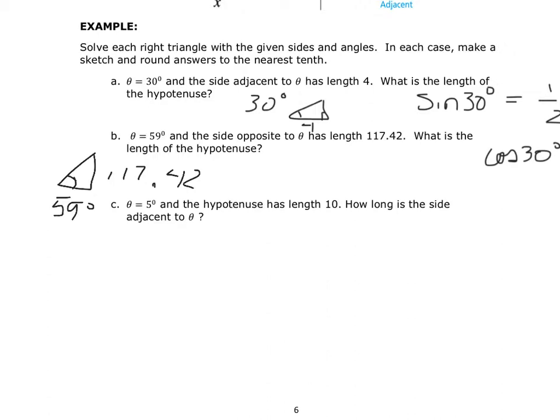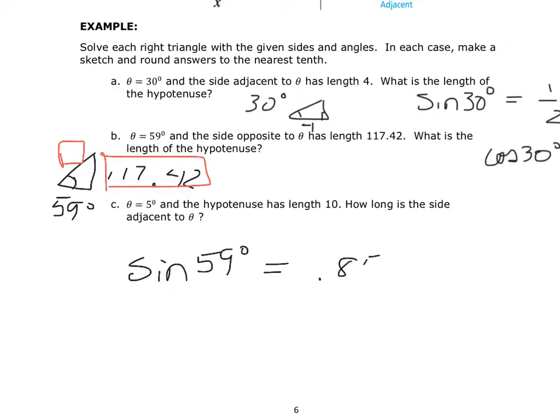The sine. The sine is going to help me because the sine is the relationship between my y value and the r value, which I'm trying to find. So I'm going to do the sine of 59 degrees. Somebody with your calculator in degrees, tell me what that is equal to. What is it?